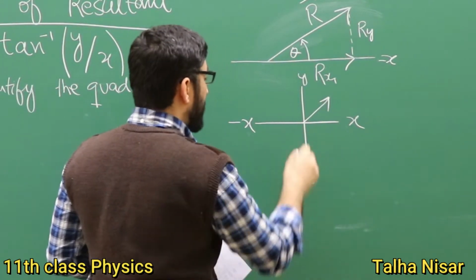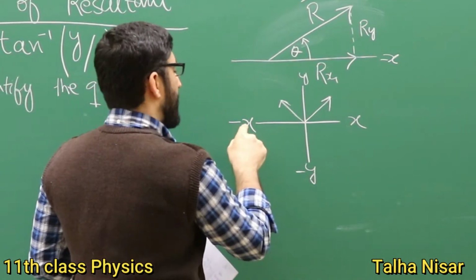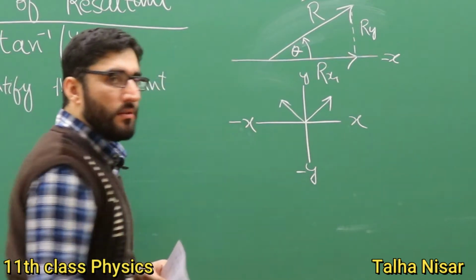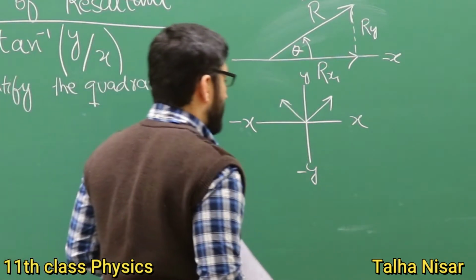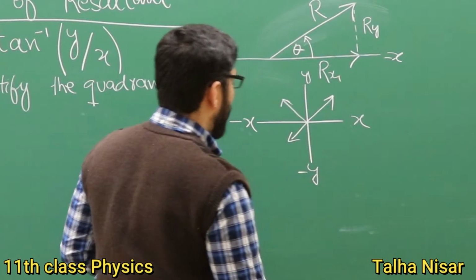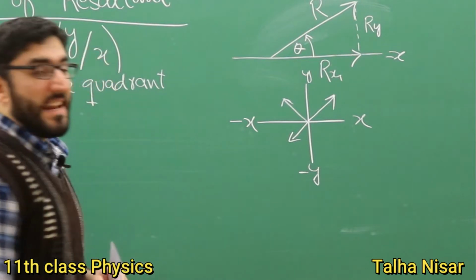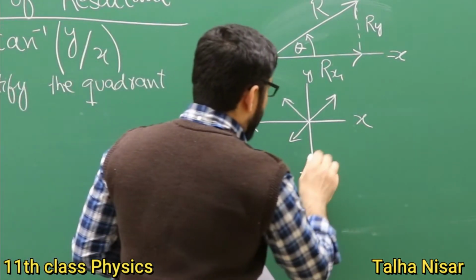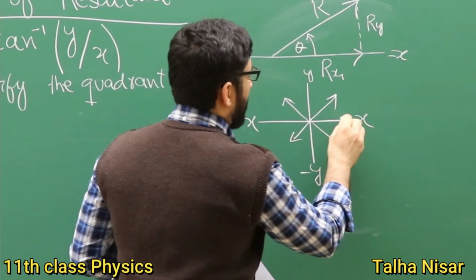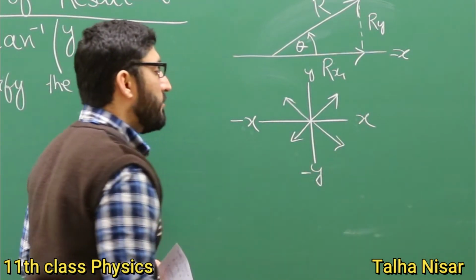But if the vector is located in this direction, then the x component is negative and the y component is positive. Similarly, if we have the vector here, then both the x and the y components are negative. If the vector is here, then the x component is positive and the y component is 0.